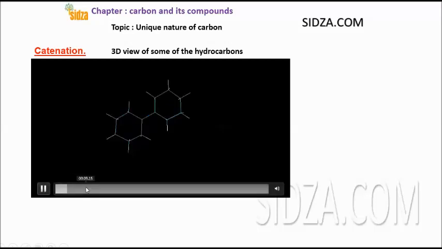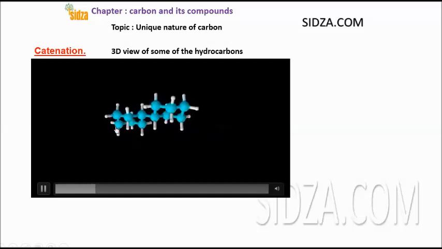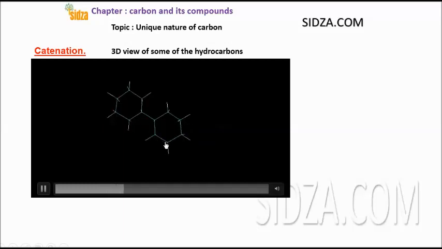You can see here the different carbon atoms, right? Each ring has 6 carbon atoms. You can see here this ring has got 6 carbon atoms, 1 2 3 4 5 6. You can have 6 carbon atoms more here. So these are linked together, 2 rings are linked together, and this is a stable molecule, right?